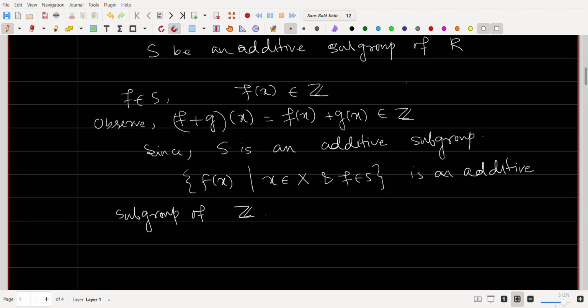So you are considering f(x), an element of Z, and since f plus g also is in S, f(x) plus g(x) also belongs to Z, so this is an additive subgroup. Say this subgroup is G. G is isomorphic to nZ for some n.